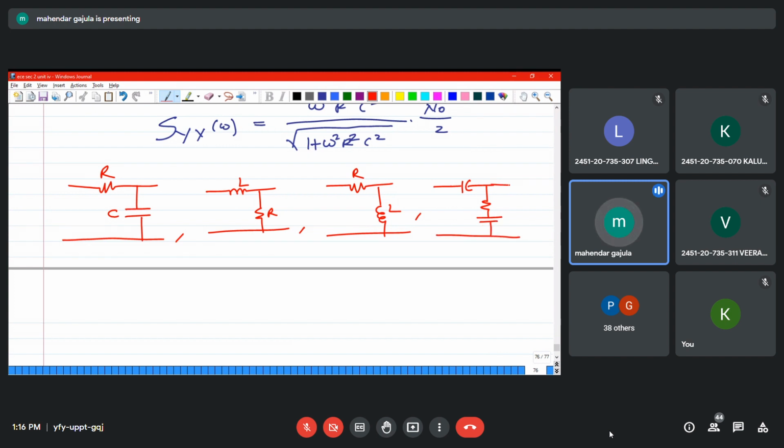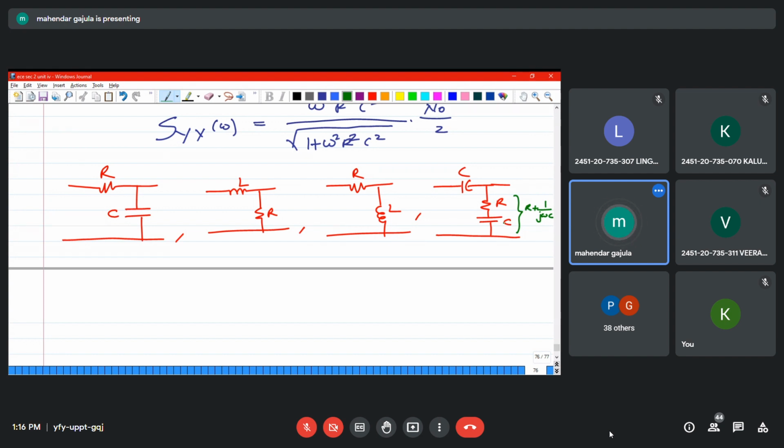Even though you have to apply the voltage division only. Are you getting? Can you tell me what is the impedance in this parallel path? R plus 1 by j omega C. That is the impedance in this RC path.